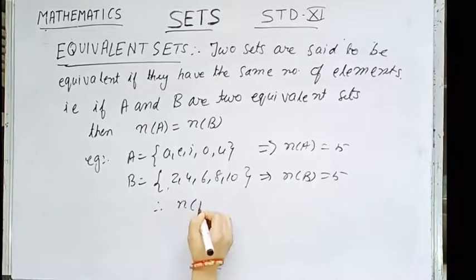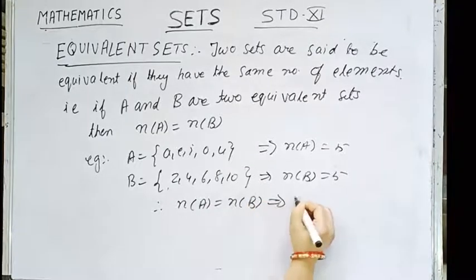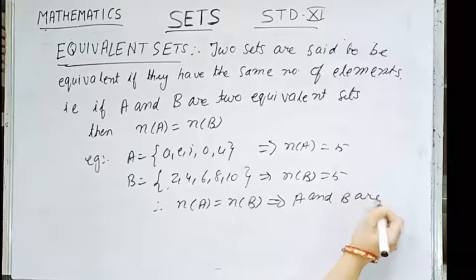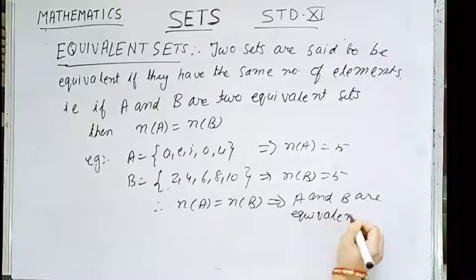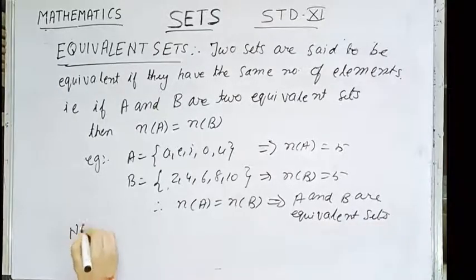Therefore we can write n(A) equals n(B), and hence A and B are equivalent sets.